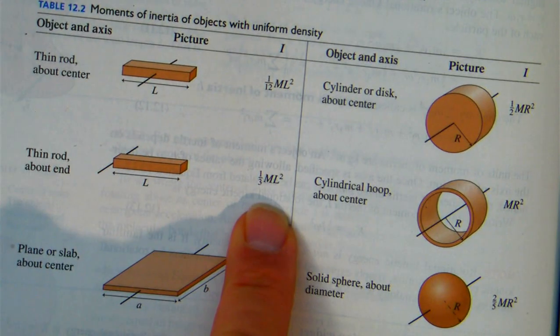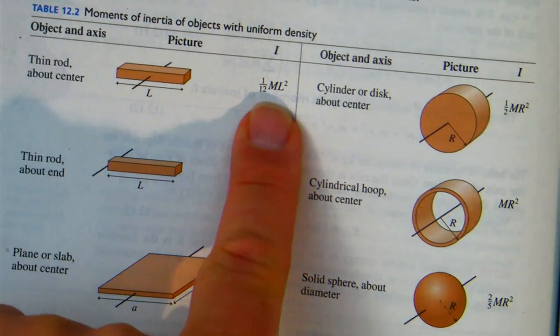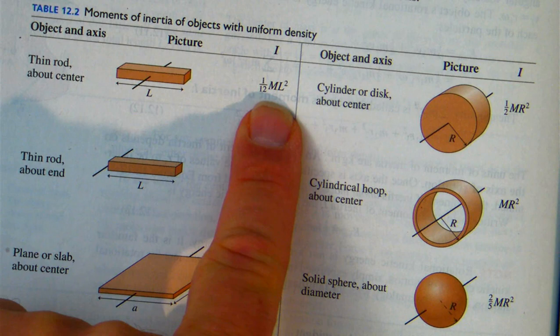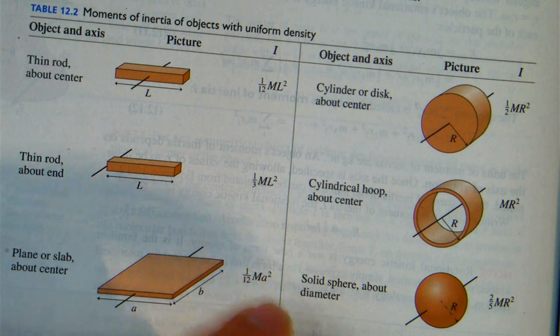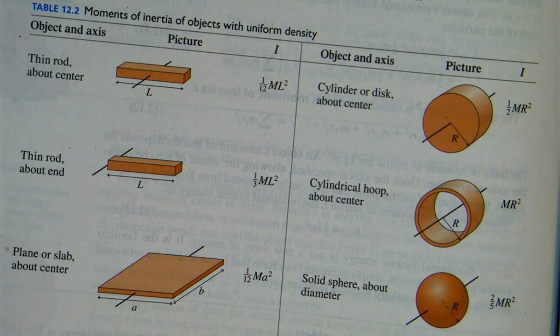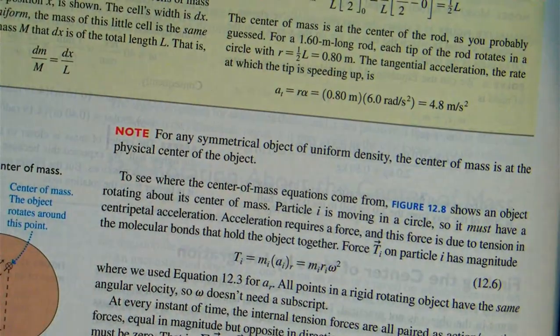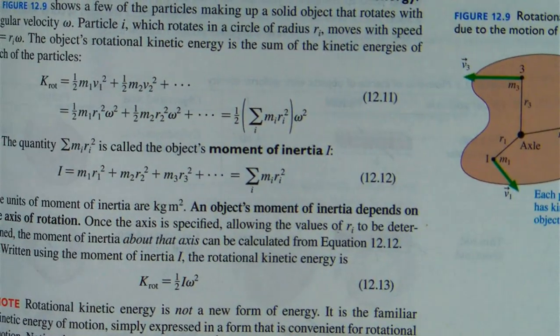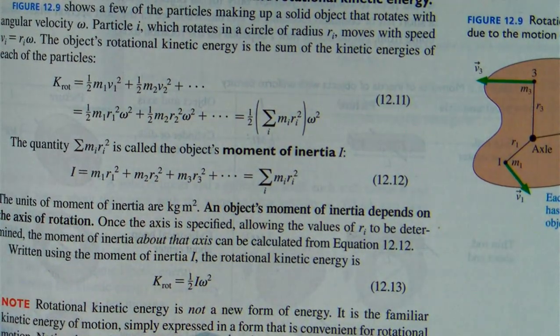This now says 1/3 ml squared. And in a normal classroom setting, we would do the integration that leads to this result, so that you would see how you get it by practicing the formula, which they do not conveniently list here.